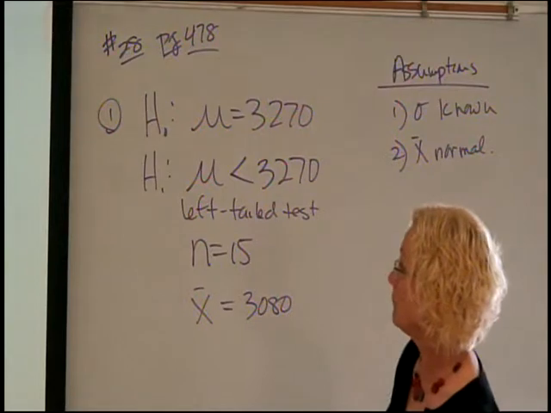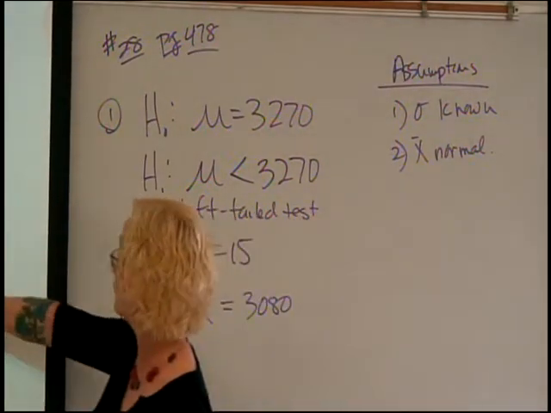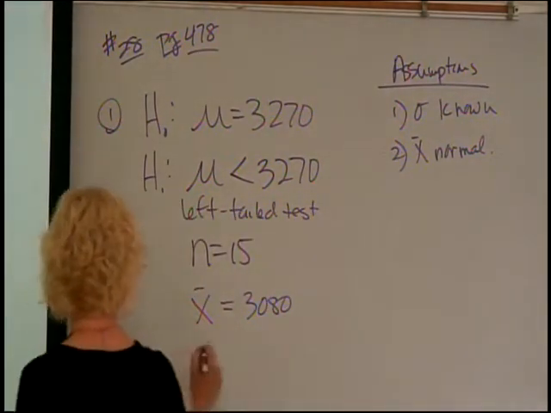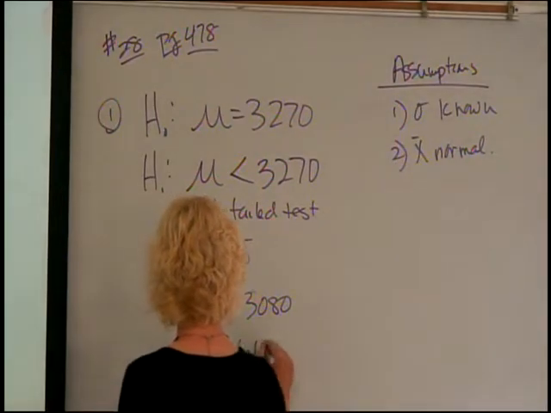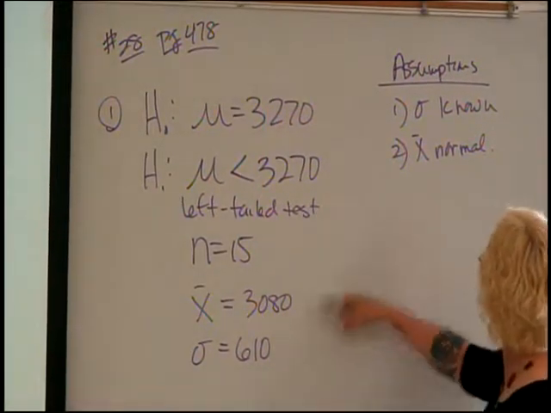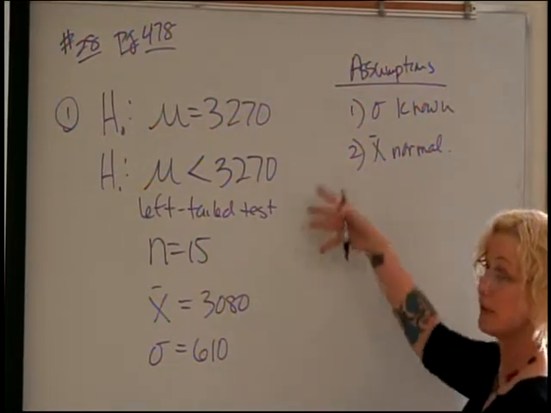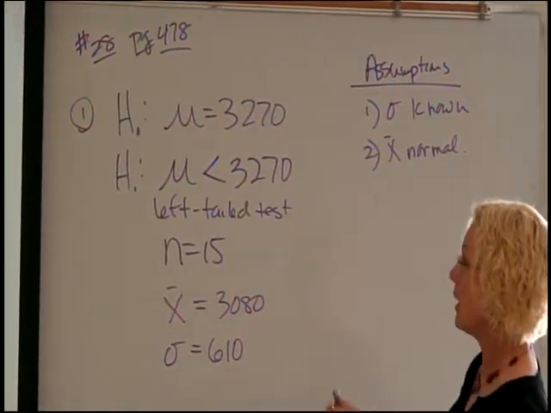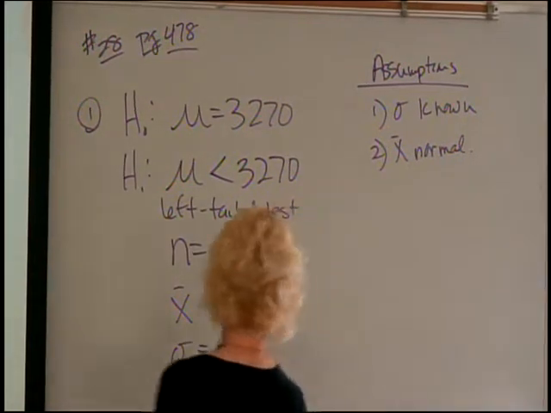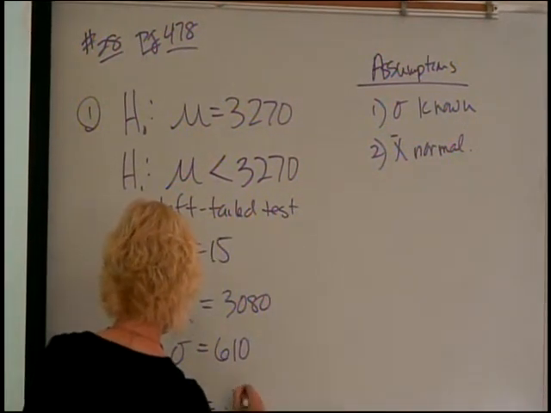And in Part B it says, assume that sigma is 610 grams. So you would have to read through the whole thing before you can determine your type of test. You can still set it up though, that's fine. And we've got a 0.10 level of significance.